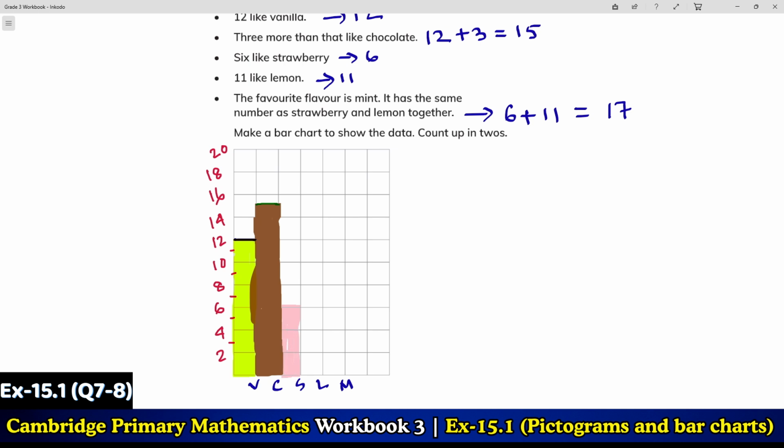It means here. The first one is vanilla, this one is chocolate, this one is strawberry, and next is lemon, 11. Lemon can be done this way. It's 11, just this one is 11.